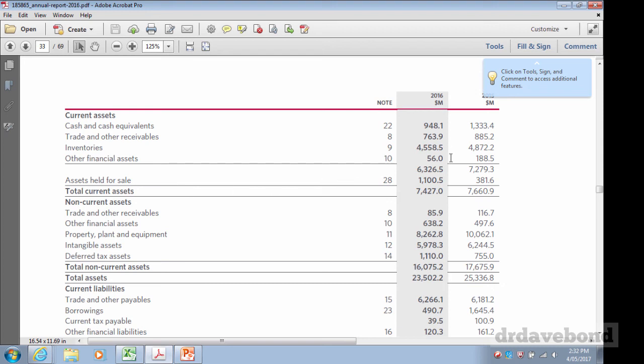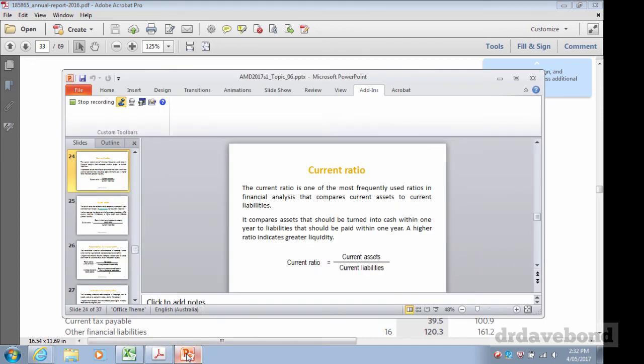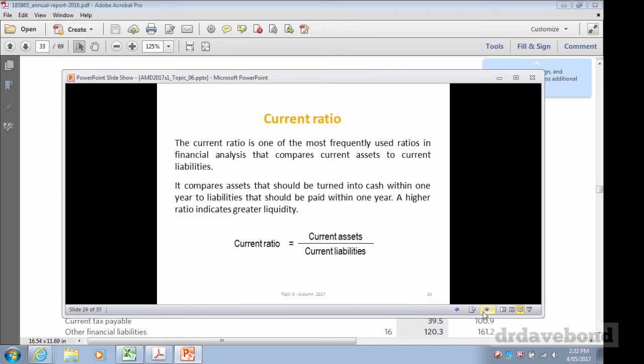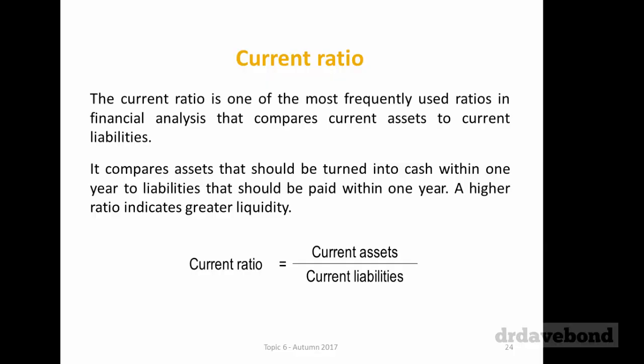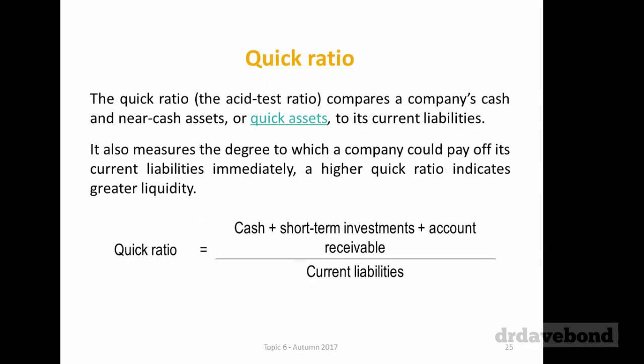So there's a concern when we're looking at our ability to pay debts really quickly if we should include inventory in there. So one of the methods, a tighter version of the current ratio, is the quick ratio, or sometimes called the acid test ratio.